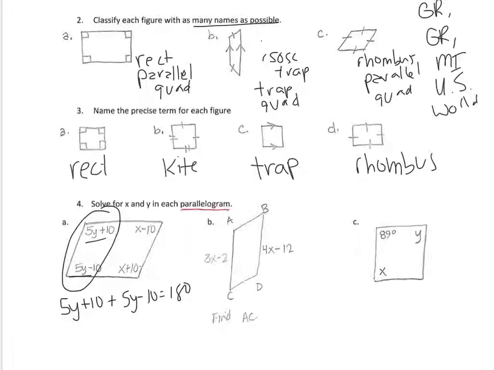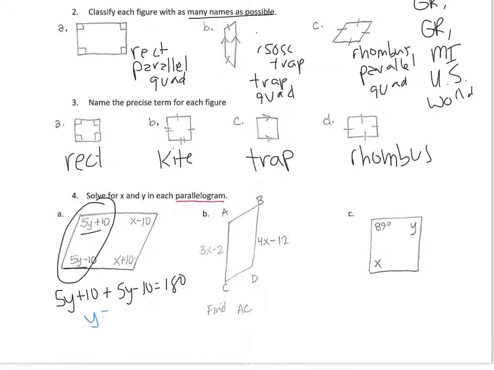So y equals 18. And then I also know that these two are supplementary, and actually these two are supplementary too, but I don't want to mess with the x's and the y's. So in this case, x minus 10 plus x plus 10 equals 180. So 2x equals 180, so x equals 90 is my answer.